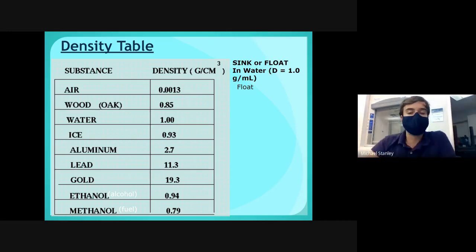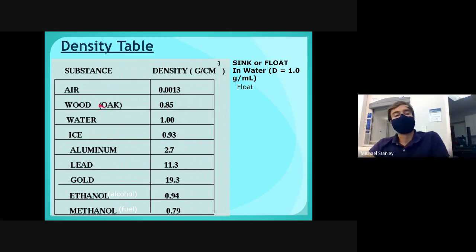So I did that one for you guys, but I'm gonna have you guys help me out with some of these later ones. So let's say you take a piece of wood, like an oak branch or an oak leaf or something that you find next to this pond, and you chuck it in. Oak has a density of 0.85.